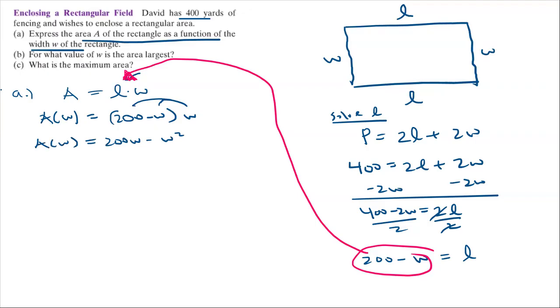I like to rearrange this so that the leading power is always in the front. So A of W equals minus W squared plus 200W. This is what they want: they said express the area A of the rectangle as a function of the width W. So this will be our answer for part A.